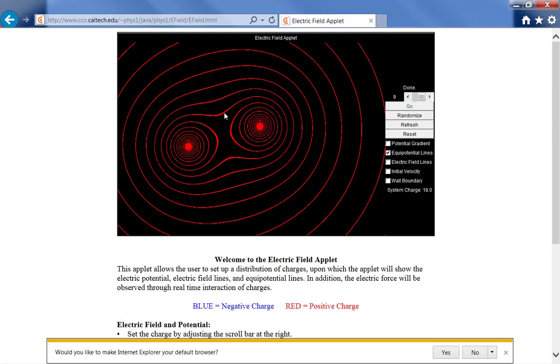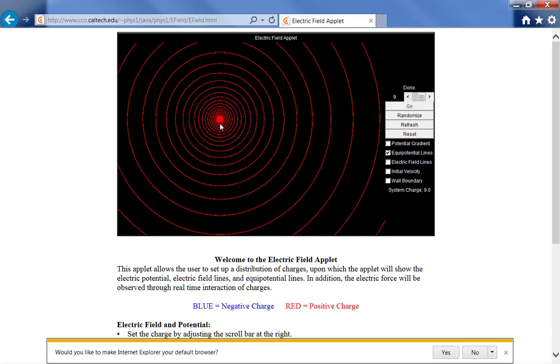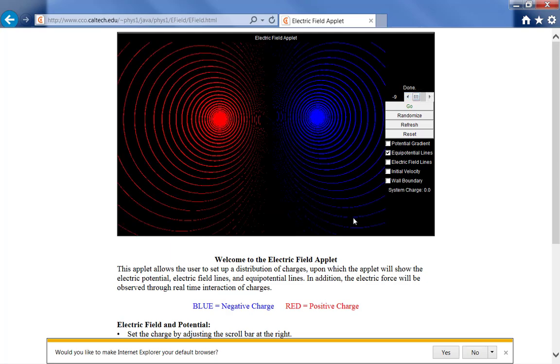Which means in the middle here, there's potentially no zero. If I want to get a zero in between my two charges for potential, I've got to go from positive to negative. So to get from large positive to large negative, I've got to go through zero, and you can see I've changed color.